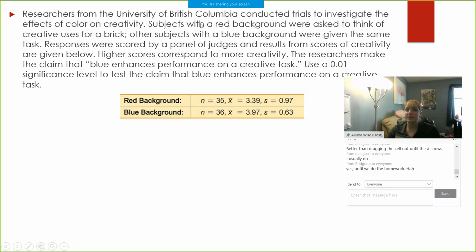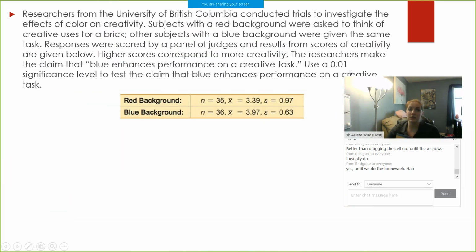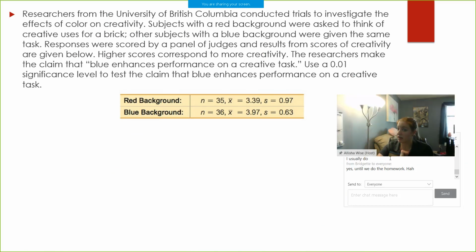So basically the University of British Columbia conducted trials to investigate the effects of color on creativity. Does color affect creativity? Interesting. Subjects with a red background were asked to think of creative uses for a brick. Come up with some ideas on what you would do with a brick. Other subjects were given a blue background and were given the same task. So this plays into psychology and seeing how it affects creativity.